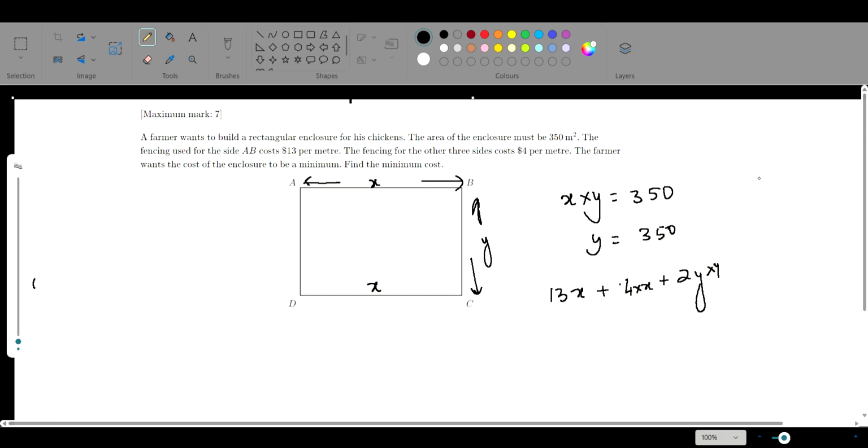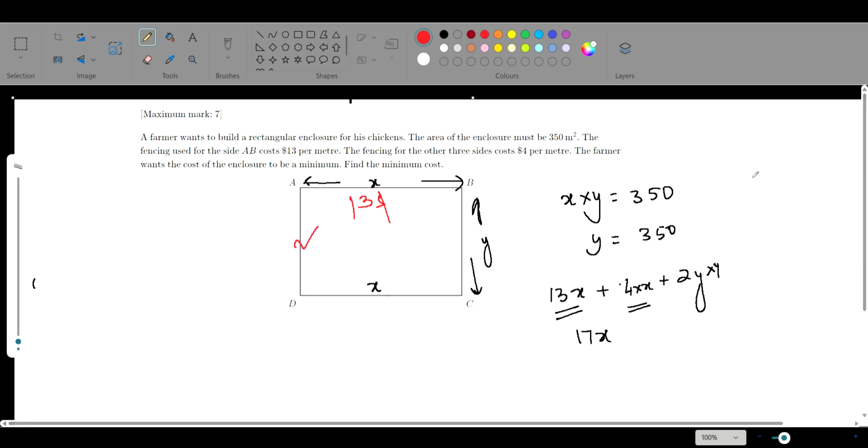Okay. Yes. This is the cost of finishing on AB, and this is the cost of finishing on the side of CD. Because it's saying that AB only costs $13 per meter.